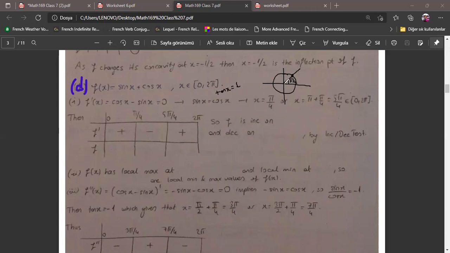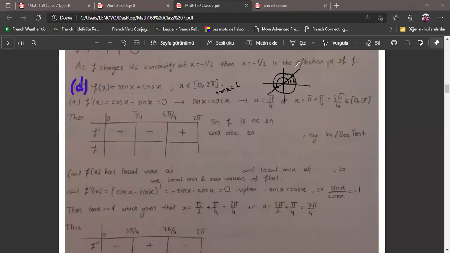When it's in between pi over 4 and 5 pi over 4, what do we get? For example, we can take any point from here.